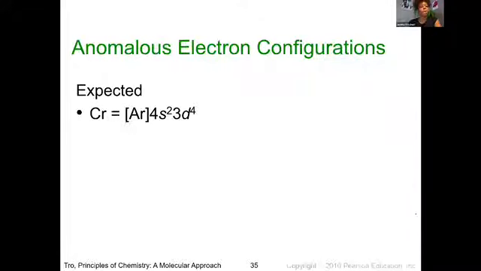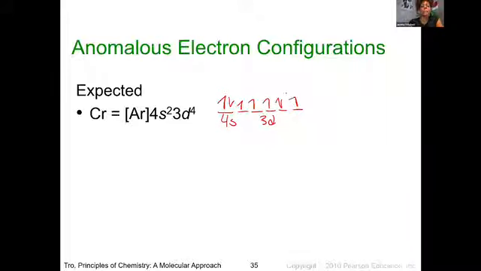If we look at chromium, which would have a shorthand version of Ar, 4s2, 3d4. Because the s and the d are in such close proximity in energy, the 4s and the 3d, if we look at our orbital diagram for what's expected here, we would have a 4s up, down, and 3d, up, up, up.